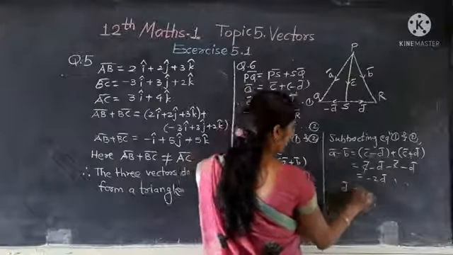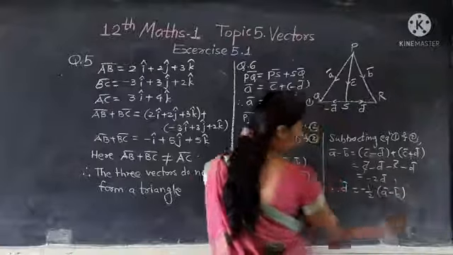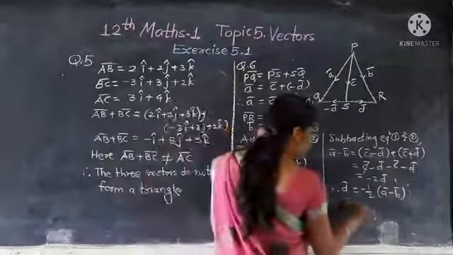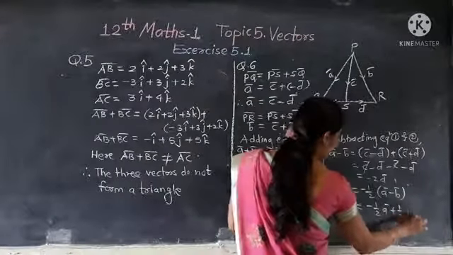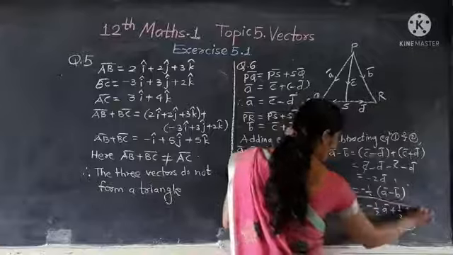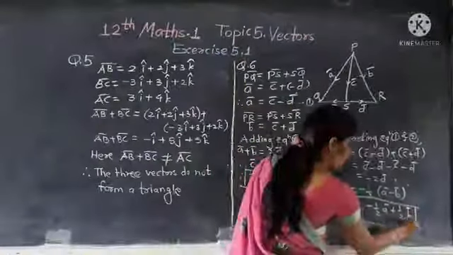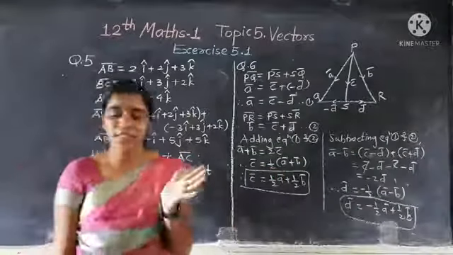So we get D bar is equal to minus half into bracket A bar minus B bar. So we express D bar as minus half A bar plus half B bar. You can write first B bar and then A bar also. Okay, this is the question number 6.